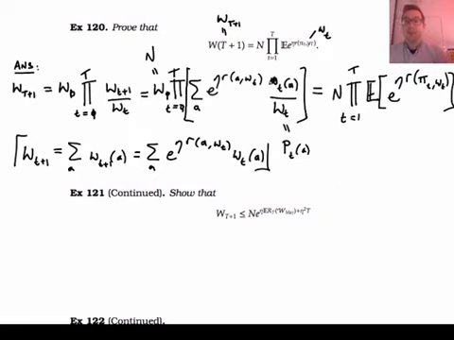The next bit says, to prove that W of T plus 1 is less than or equal to N times the expected reward that I get under the weighted majority algorithm times eta plus eta squared times T. And I should have a divided by 2 in that eta as well. Typo again.